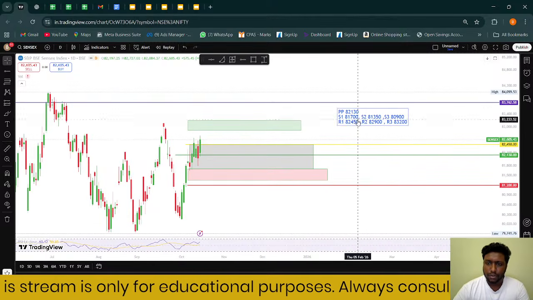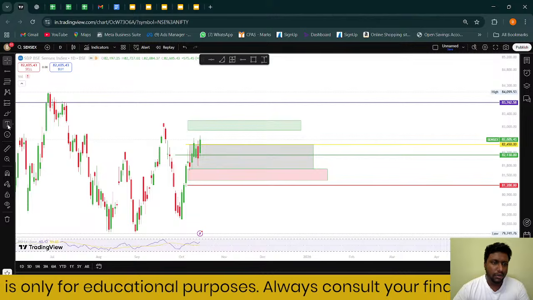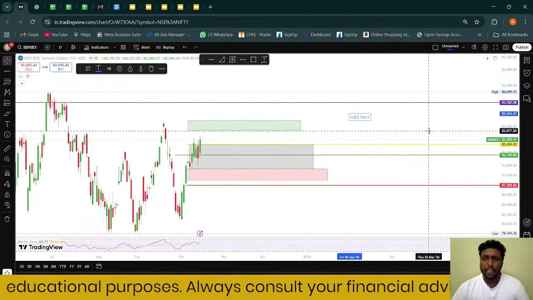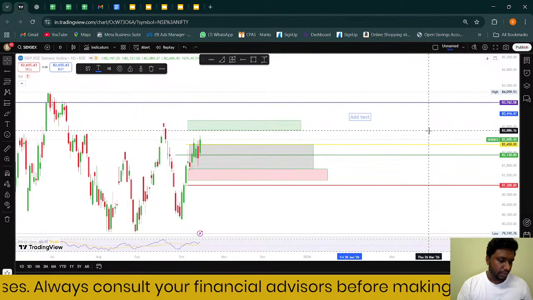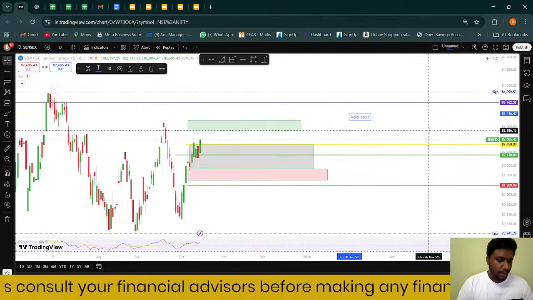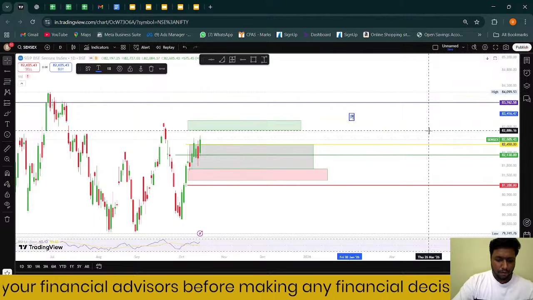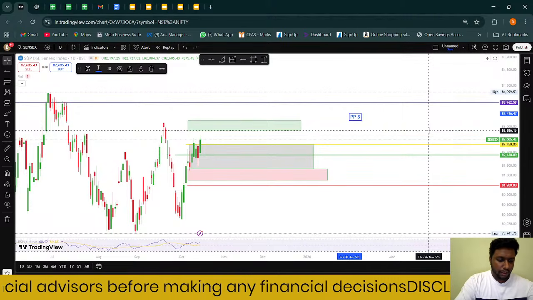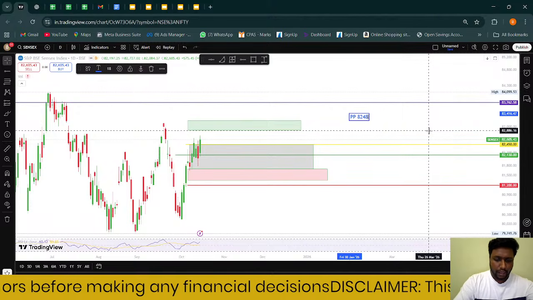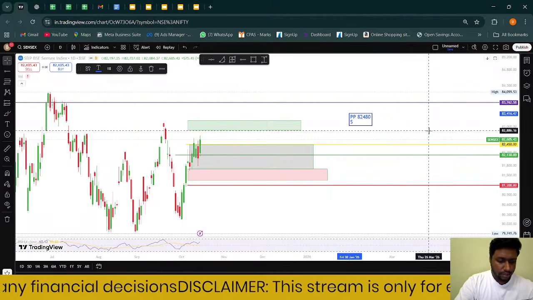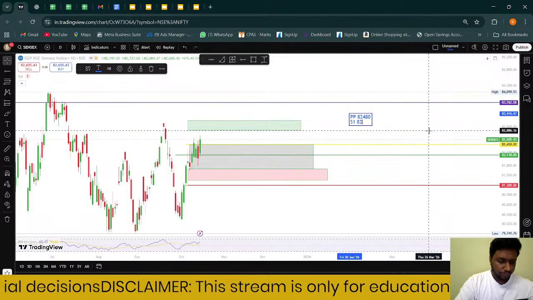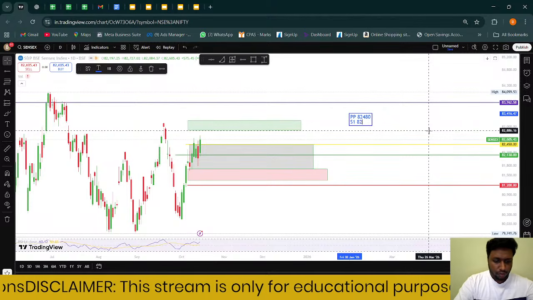With respect to today's levels, let's mark down today's pivot point and the other resistance and support levels. Today in Sensex, I consider the pivot point to be at 82,480. S1 will be at 82,250.